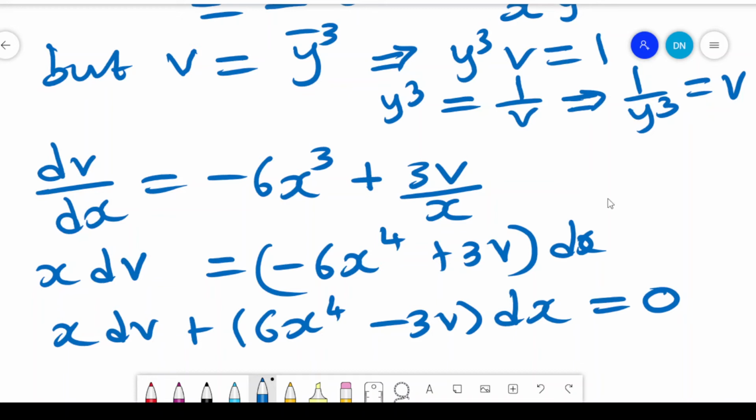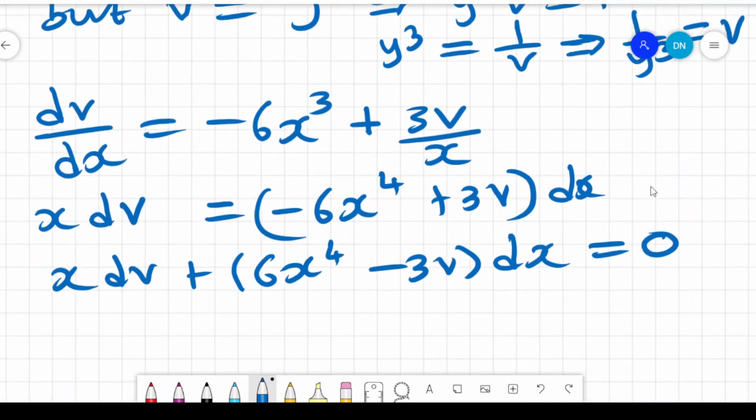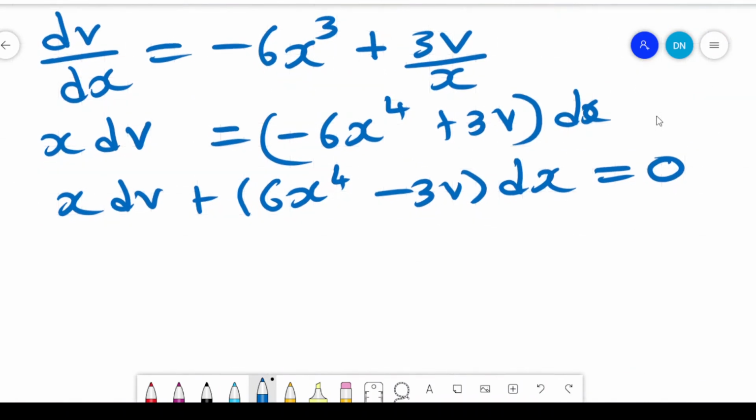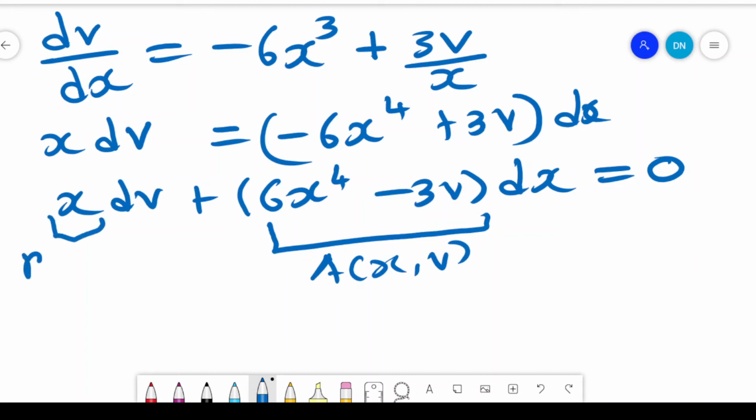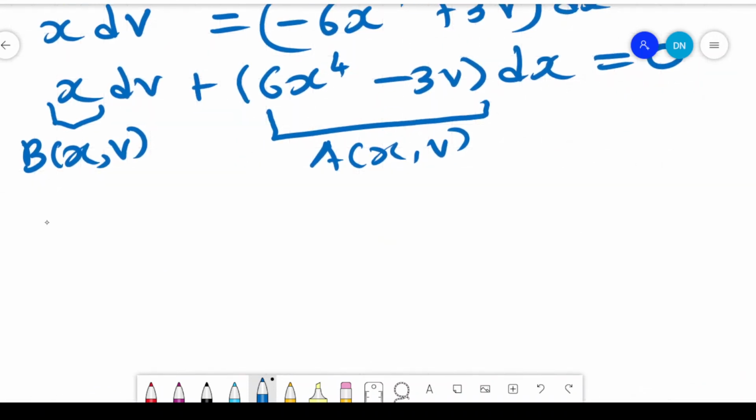And that equation we have there is of the form where this component becomes my A(x,v), and this component becomes my B(x,v). And what am I interested in? I want to look for the integrating factor.